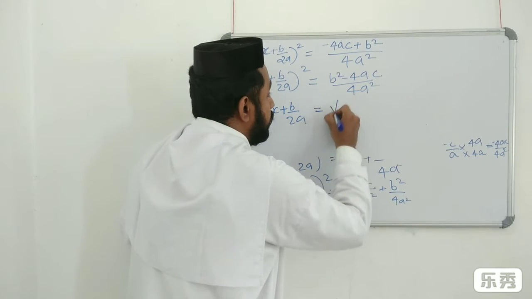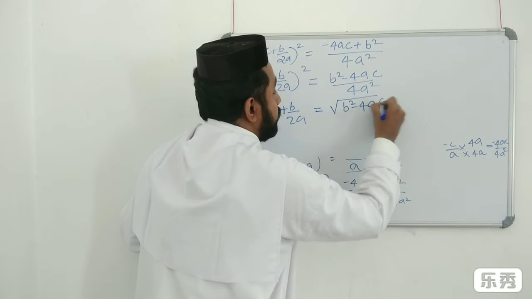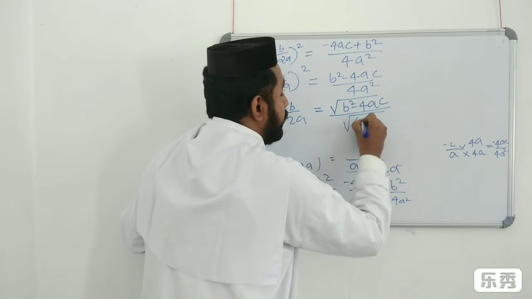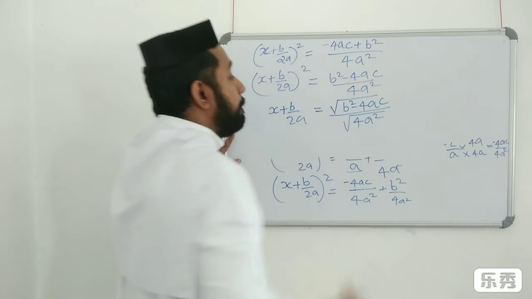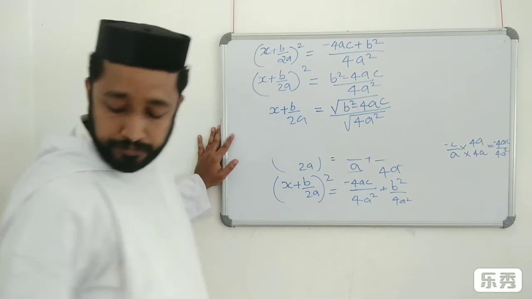Which means the square root of the numerator as well as the square root of the denominator: root of b square minus 4ac divided by root of 4a square.